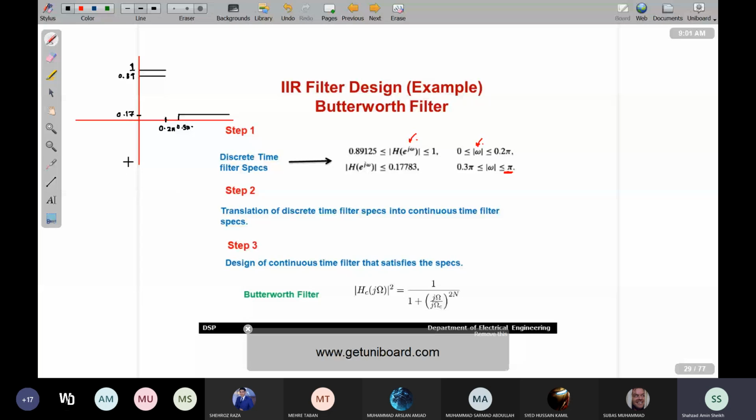ठीक है, and so that's my pass band, and this is my transition width.